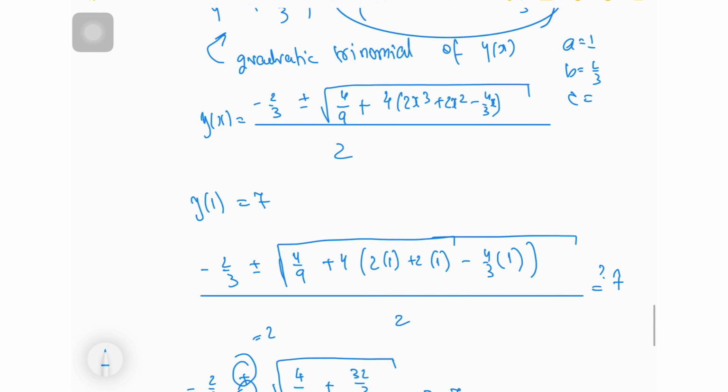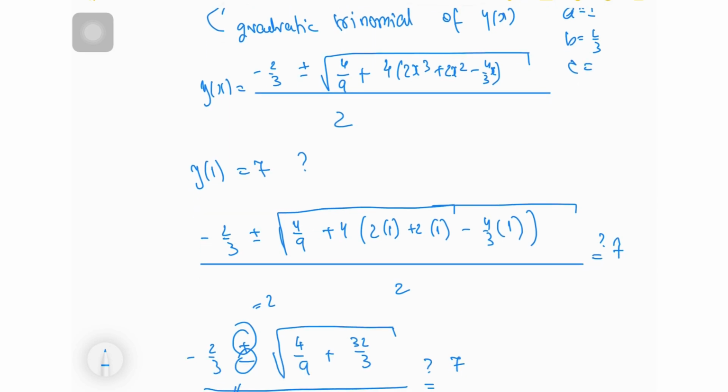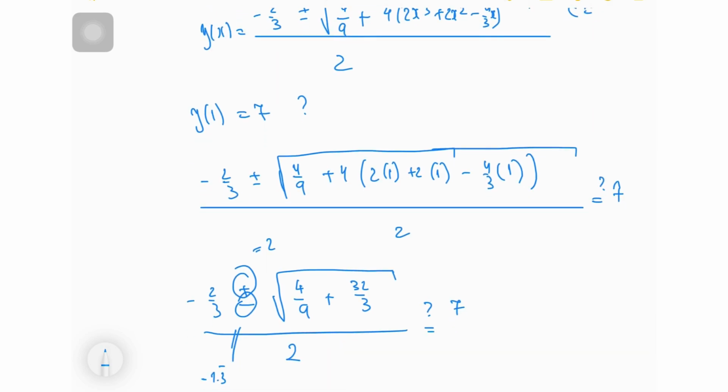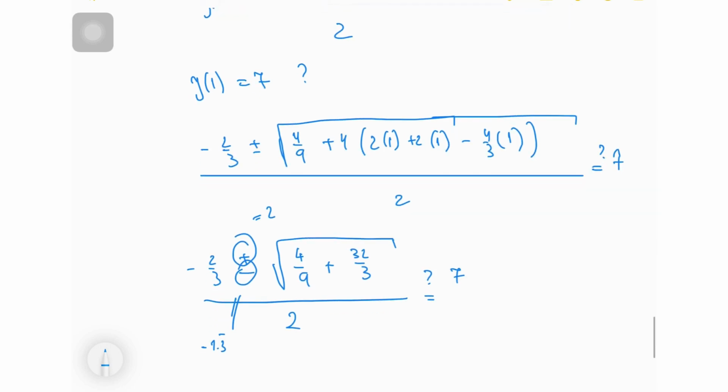So we are asking, can it be 7? If we substitute 1 in the expression that we have for x, then we are getting minus 2 over 3 plus minus the square root of 4 over 9 plus 32 over 3. You can use a calculator. So with the plus it is 2, with the minus it is minus 1.3 repeating, so it's never 7.